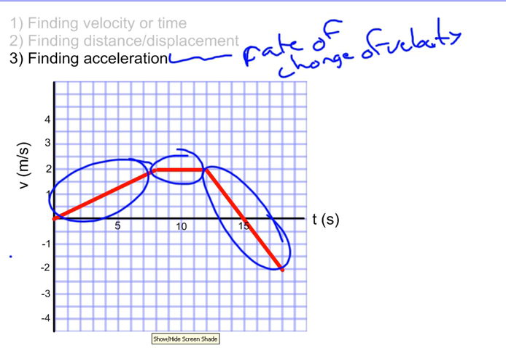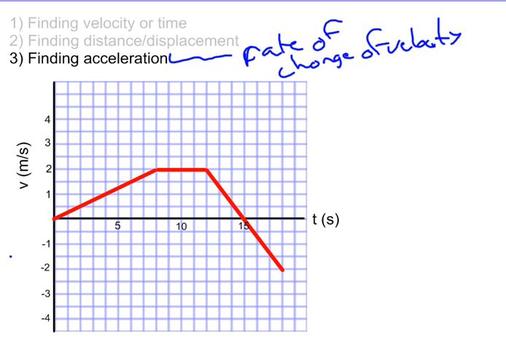What that means is, whenever we ask about acceleration on a velocity time graph, we're looking at the slope. For example, if we want to find the acceleration from a time equal to 0 to a time of 8 seconds, this first segment here, then we just ask ourselves about the slope during that period of time.